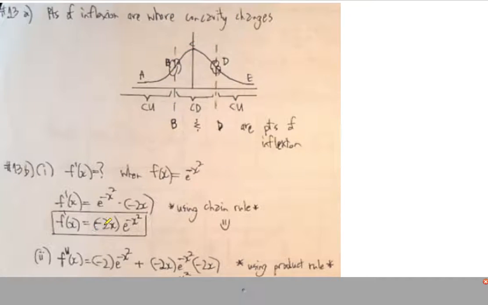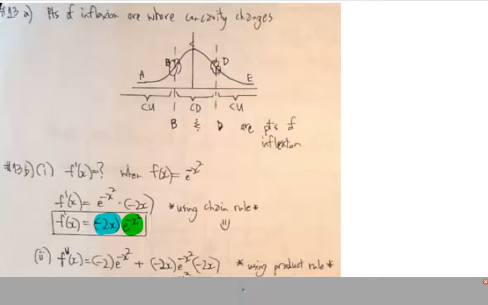So the 2 functions would be this one here, that would be one of the functions, and then the other function would be this function here. You take the derivative of the first function, which is -2, and multiply it by the second as it is. Add the derivative of the second function multiplied by the first function as it is.